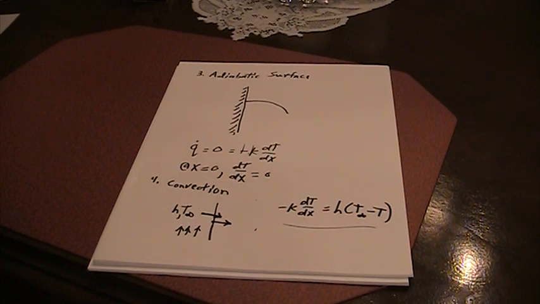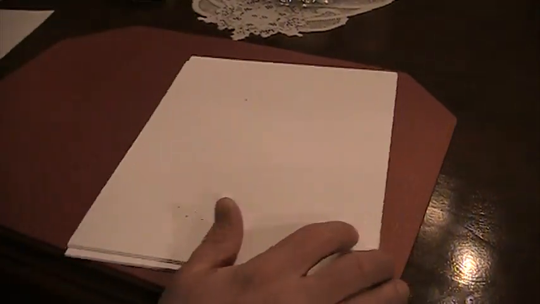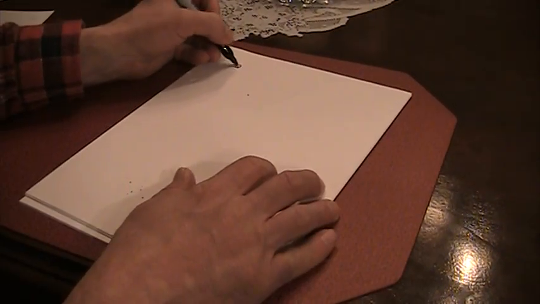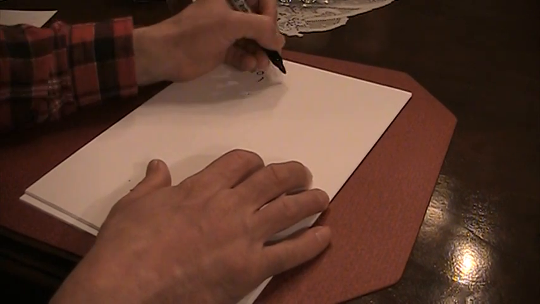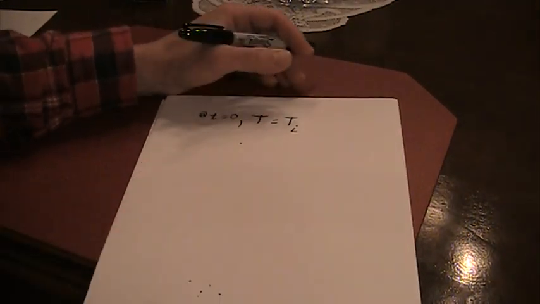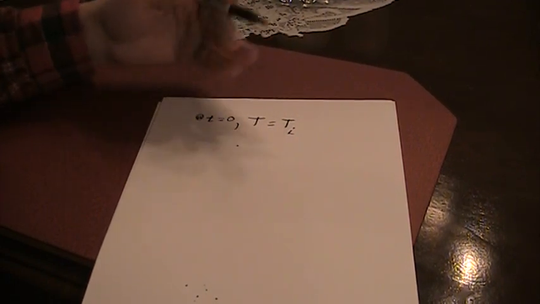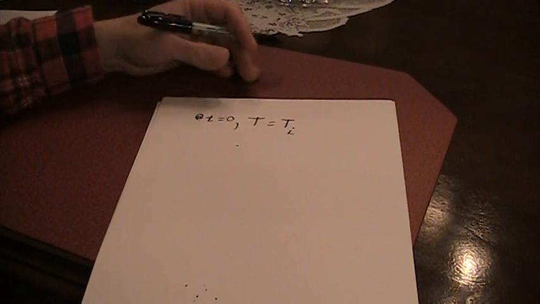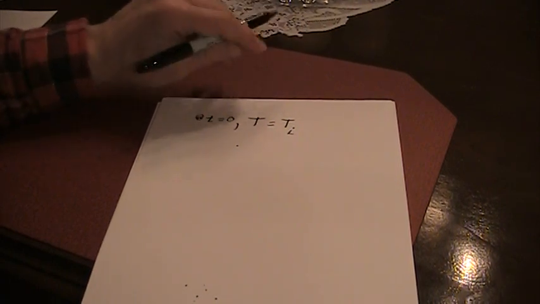And if you have a transient problem, you would need an initial condition, and typically that initial condition would be something like at t equals 0, little t as in time, comma, the temperature is equal to some initial temperature. So typically transient problems will start with at t equals 0, the temperature of this object is 100 degrees Fahrenheit, or whatever it is.